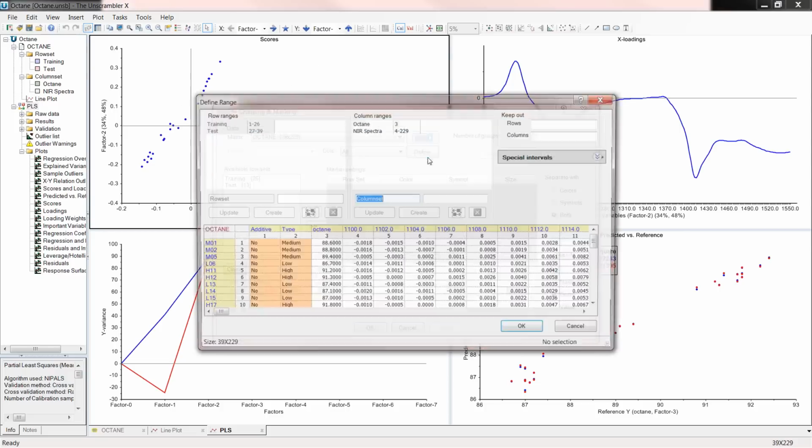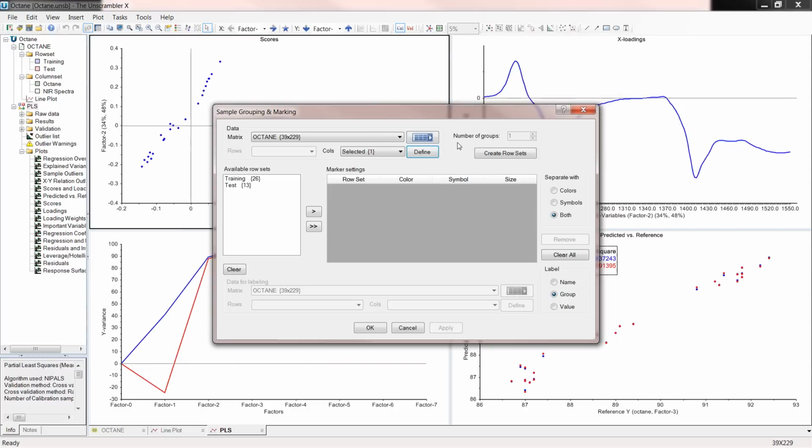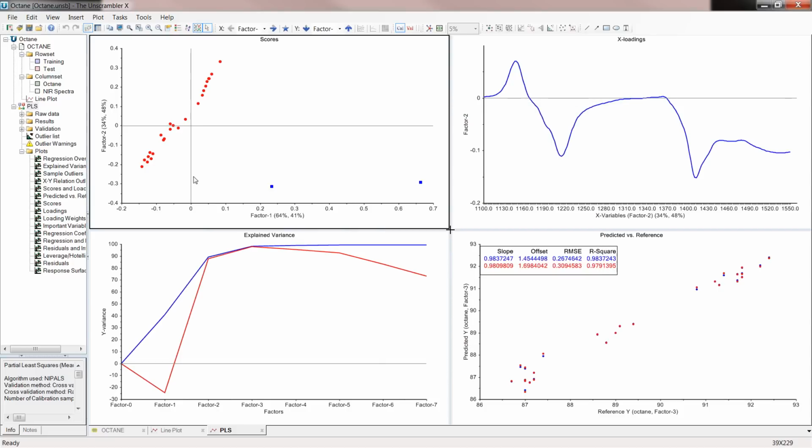We'll go ahead and color these based on additive. And we see, of course, that our two samples here with additive are showing up further away on PC1 than the other ones are. And so this is another way that you can notice if there are outliers.